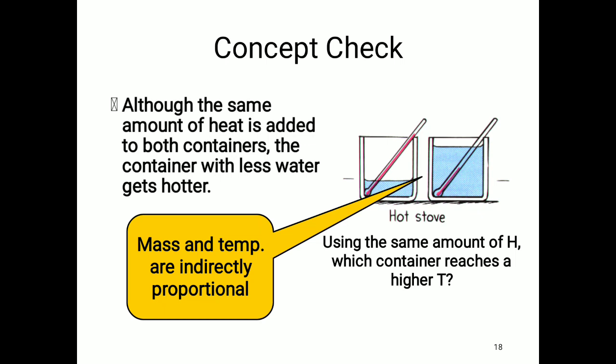So from this concept it also comes out that mass and temperature are inversely proportional. Earlier we defined that mass and heat are directly proportional, but mass and temperature are inversely proportional. This is a basic, very important difference between temperature and heat.